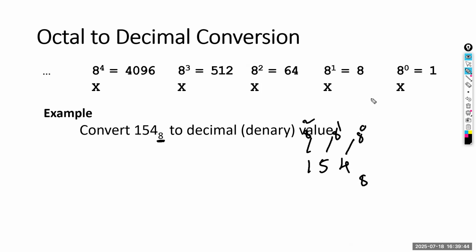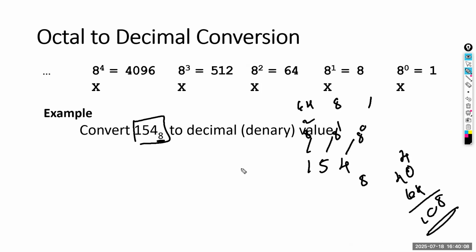In other words, these are 1s, 8s, and 64s. So we have 4 1s. We have 5 8s, that is 40, 8 into 5 is 40. And we have 1 64. Total 108, because now this is base 10. So 154 in base 8 is 108 in base 10.